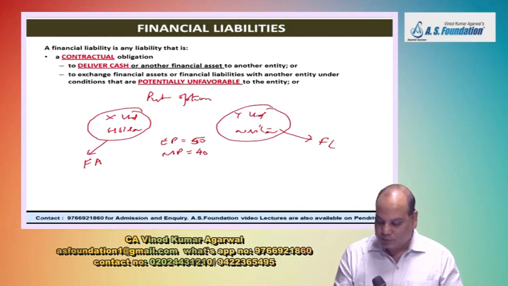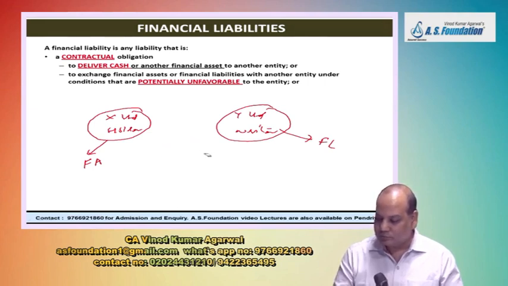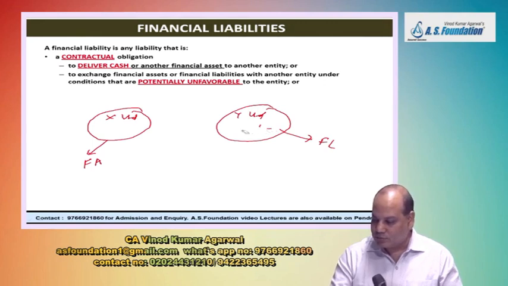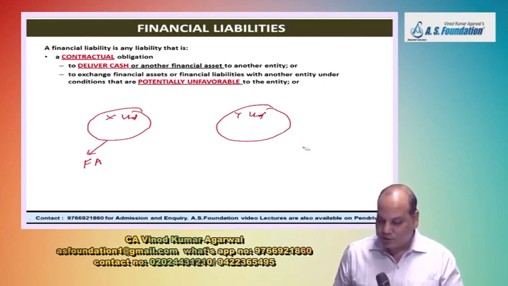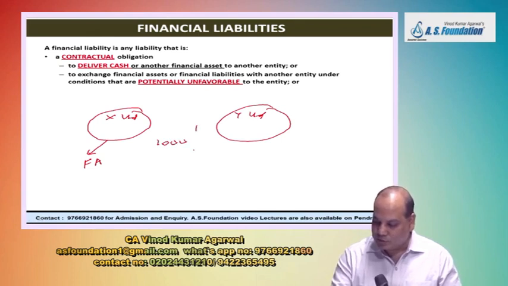Third example I had given was a future and a forward contract. Suppose there is a future contract, instead of a put option. X is the buyer, Y is the seller of a forward or a future contract. Market price is more than 1000 rupees and the contracted price is 1000 rupees. Market price goes up.